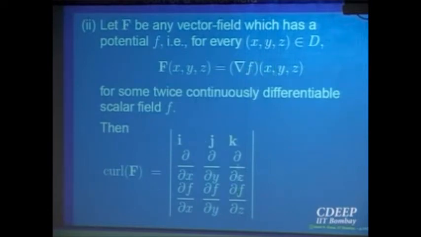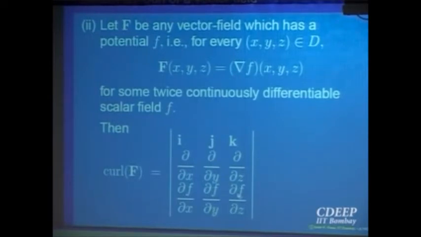Now let us compute the determinant. The first component, of i, is the partial derivative with respect to y of the partial derivative of f with respect to z. So this is nothing but the second order partial derivative of f with respect to z first and then with respect to y, minus the partial derivative of f with respect to y first and then with respect to z.